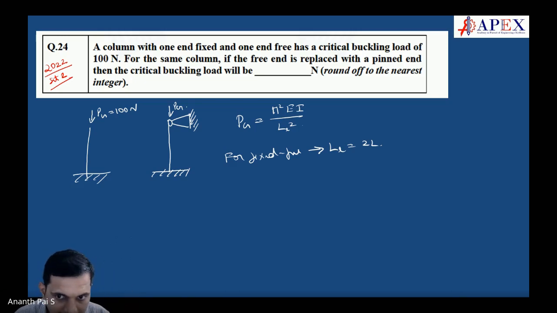Is it not? So P critical is equal to pi square EI divided by 4L square.